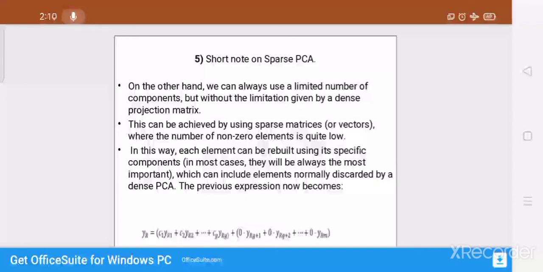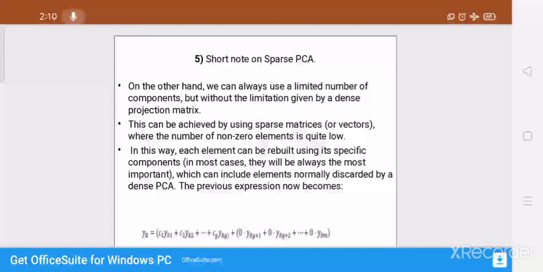What does dense projection matrix mean? Dense means a compact projection matrix. We display the features in the form of a matrix. Dense means that matrix becomes complex, with too many features included in it.